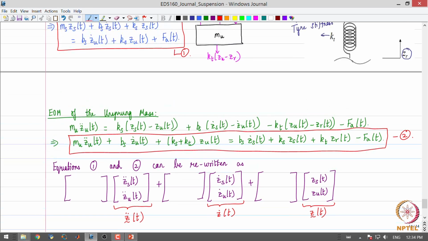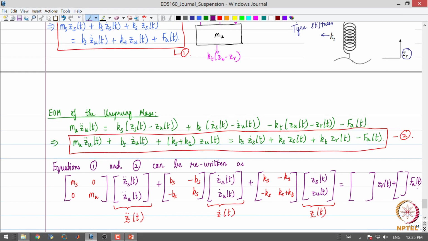Suppose we look at 1 and 2 and fill it in, what will be these terms? We will get ms 0 0 mu, let me fill it up, and then we will have bs minus bs, minus bs and bs, and then we will have ks minus ks, minus ks and ks plus kt, right, and this is going to be equal to something times zr(t) plus something times FA(t).